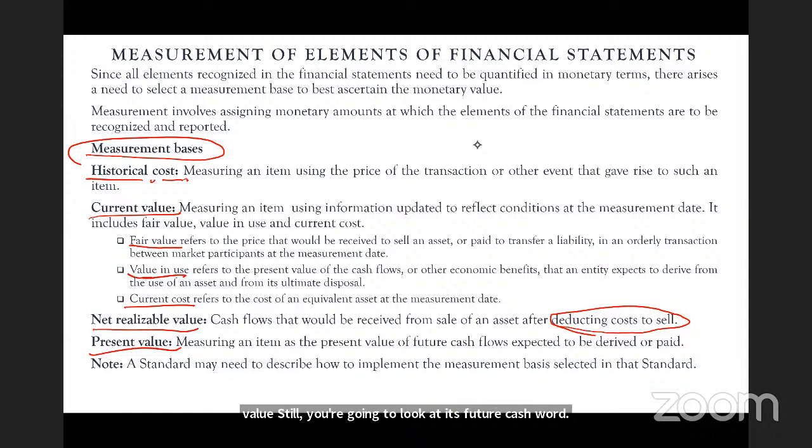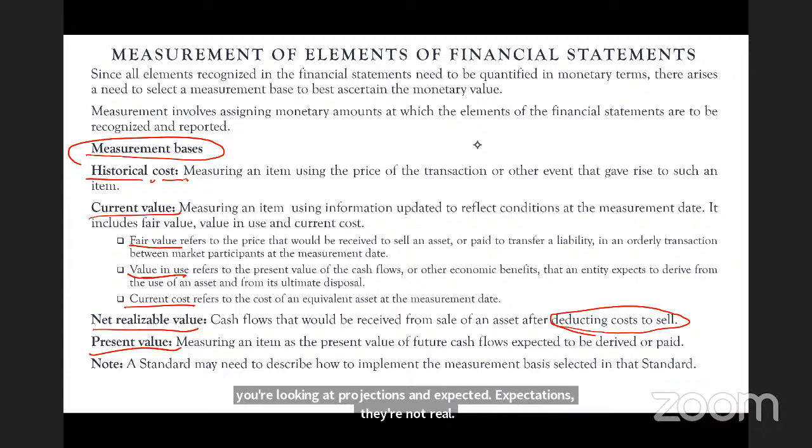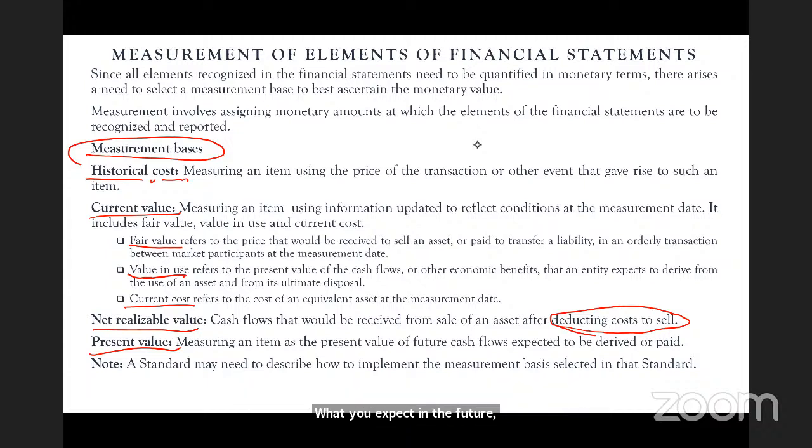Cash flows include cash inflows and cash outflows. But remember, you're looking at projections and expectations. They are not real. It's what you expect in the future. Then after that, you discount them. Are we together?